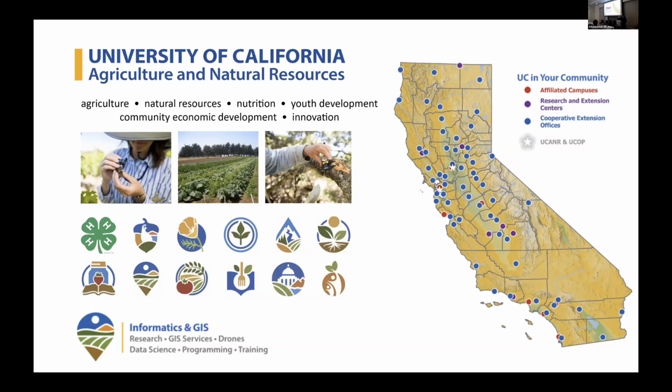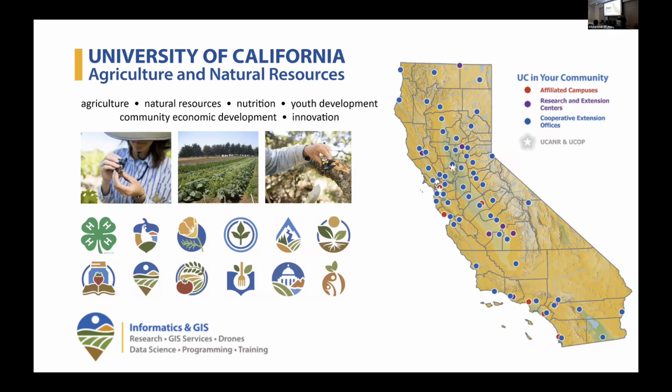So these blue dots here are our county offices. We have researchers who live and work in these communities. We also have clusters of faculty with joint appointments on most of the UC campuses, the big five being Davis, Berkeley, Riverside, Merced, and Santa Cruz. These purple dots are our network of 10 field stations.